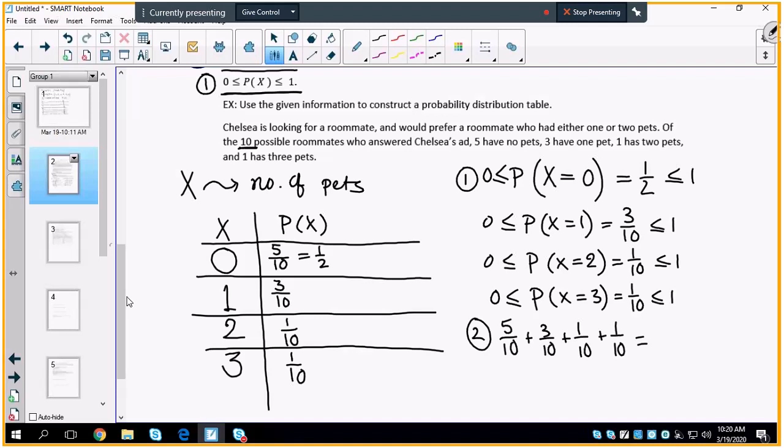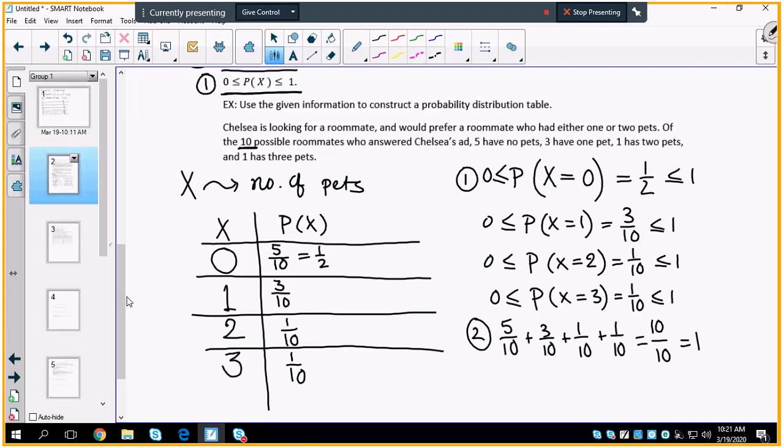And when I add them, I get 10/10, which is exactly equal to 1. At this point, I have checked both axioms of probability are satisfied. Hence, the random variable, which refers to the number of pets from the prospective roommate choices for Chelsea, is indeed giving me an authentic probability distribution.